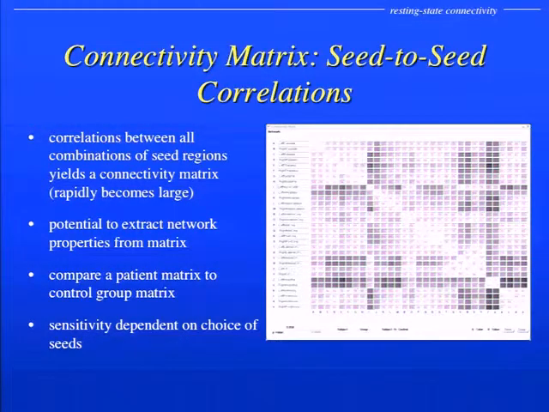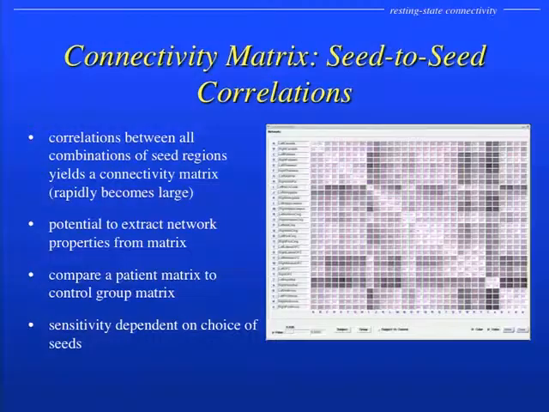This is seed A, correlated with B, C, D, E, F, G, etc. So as you go along a row, it's that seed region correlated with everything else. And you can get these connectivity matrices where you can look for patterns, or you can assess network properties of these connectivity matrices, or you can even contrast these connectivity matrices between different groups or between a patient and a control group and things like that. So this approach can be very useful, but it's sensitive to the choice of seed.